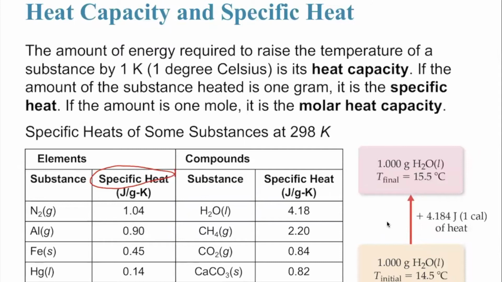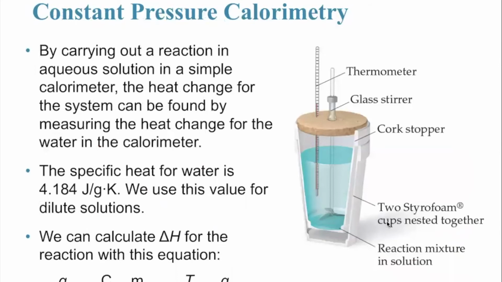For some reason it's not showing the equation correctly, but here it is: Q of solution equals C, which is your heat capacity, times m, the mass of your solution, times change in T, your change of temperature, equals negative Q of reaction. So remember, if the solution is losing, the reaction is gaining, so they have to be opposite.